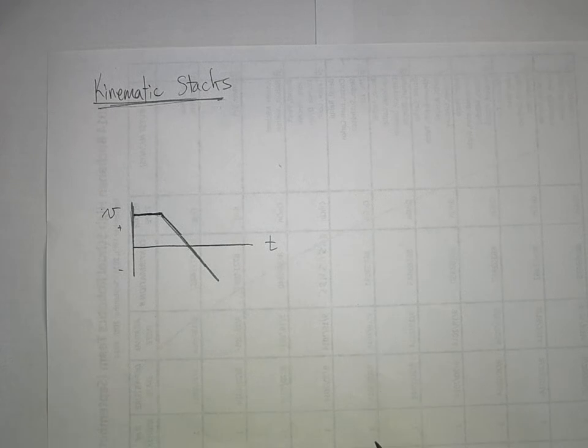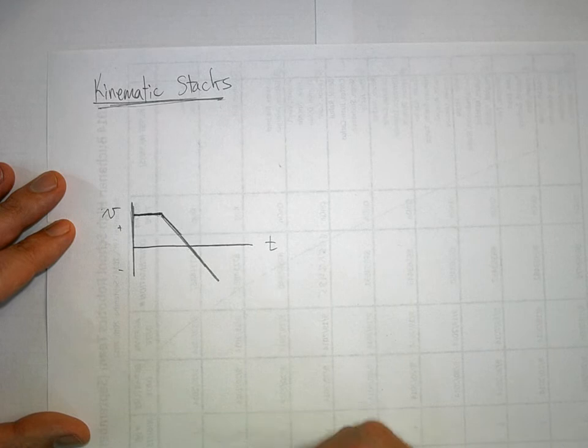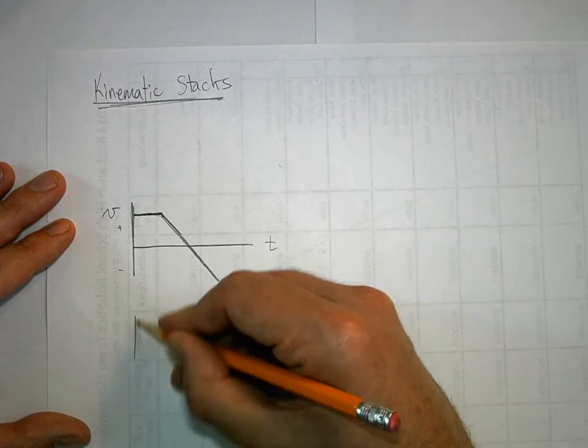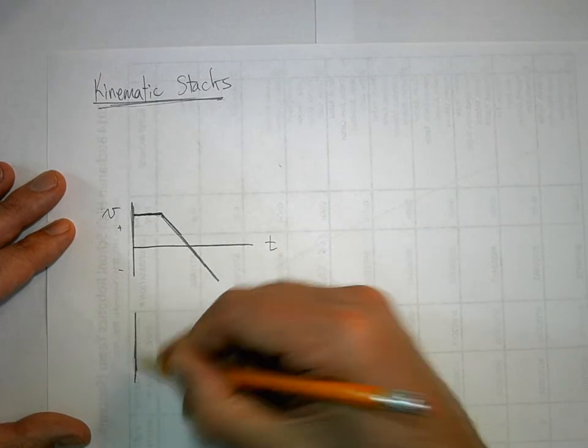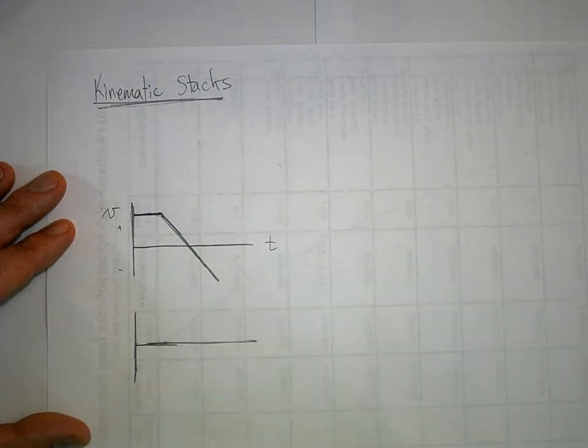So what we're going to do is, from the velocity versus time graph, we're going to draw an acceleration versus time graph. And we draw it directly below it.